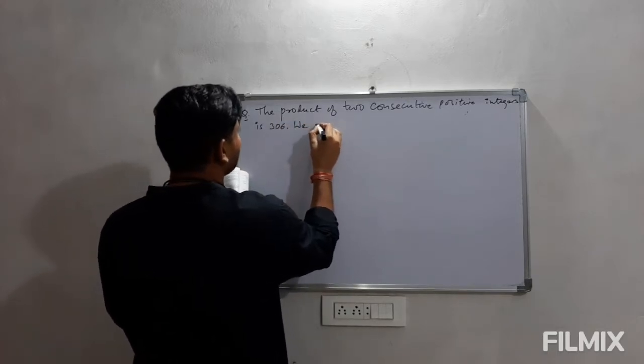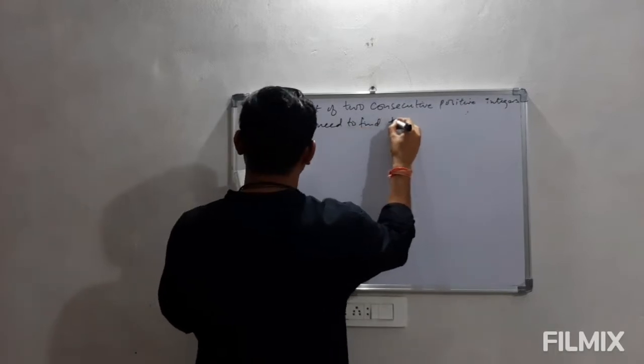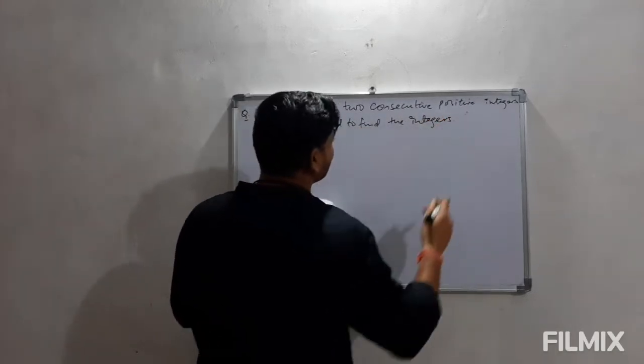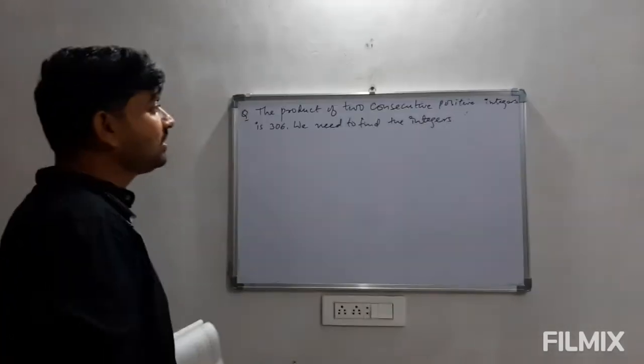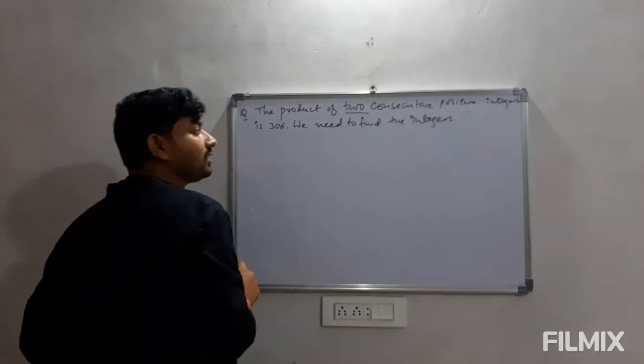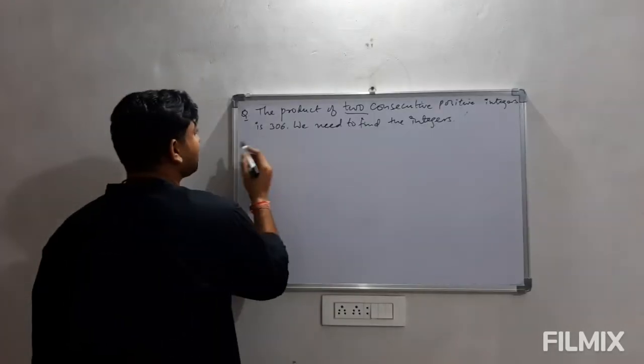We need to find the integers. We have to frame an equation to represent this situation. Now see, here we have two unknowns, but still we have to use one. That is a very simple thing here.